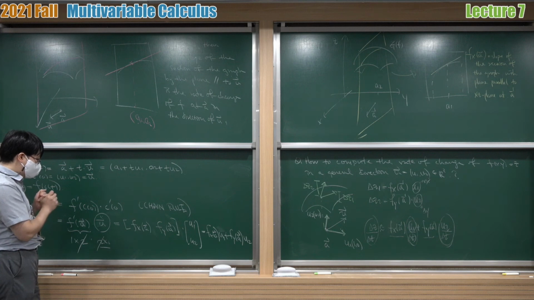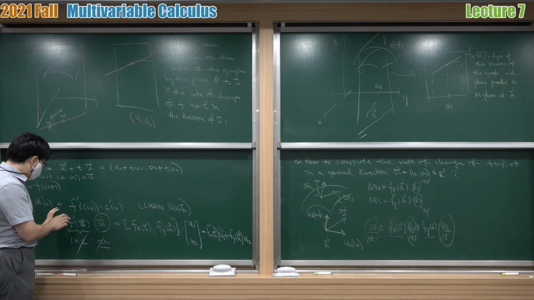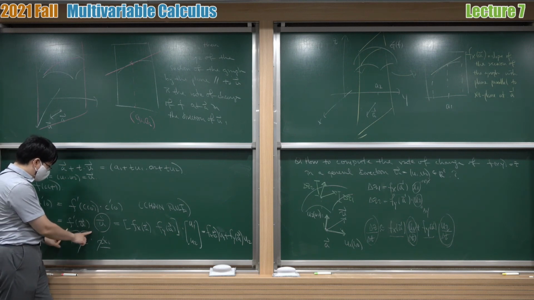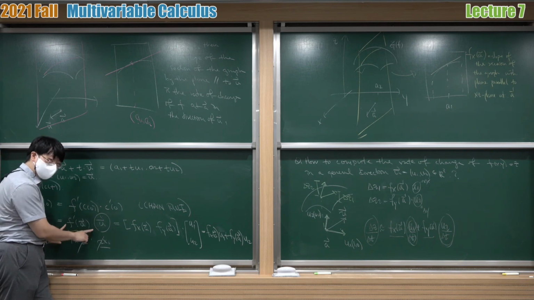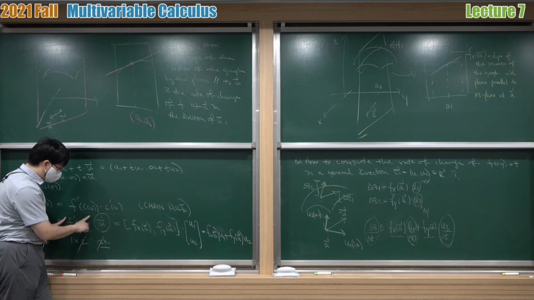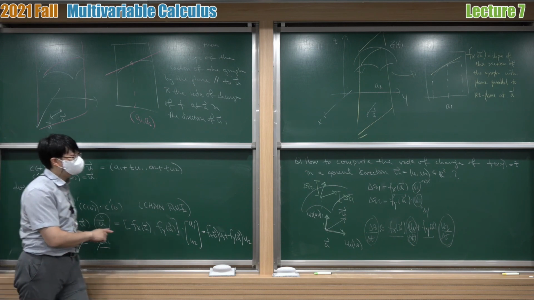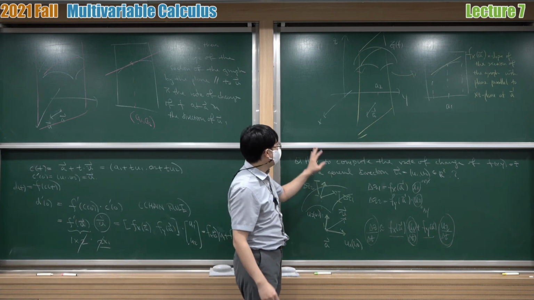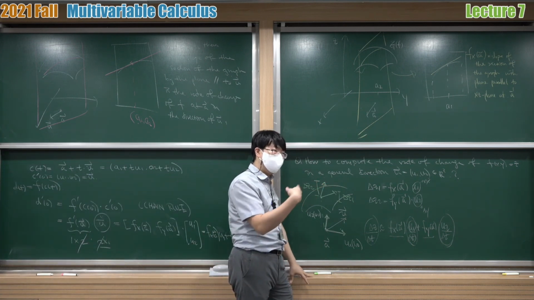Okay, so first of all, this has a meaning that it measures how much the tangent vectors in the domain space change in the target space. But in principle, this comes from the two variable function f, which takes two inputs and one output.